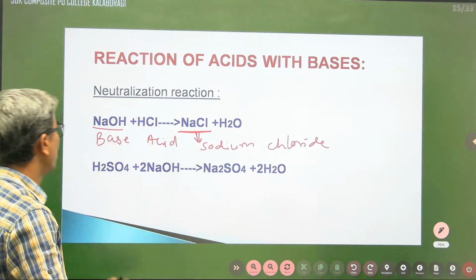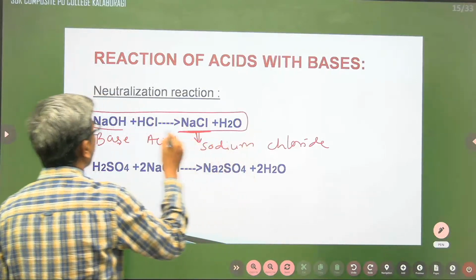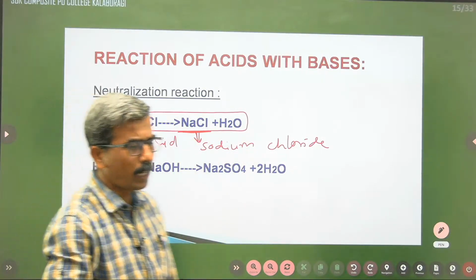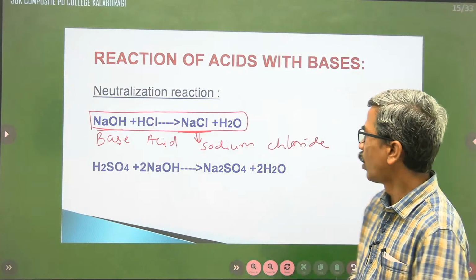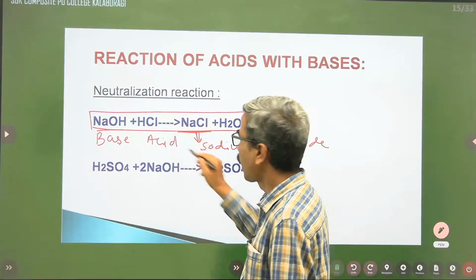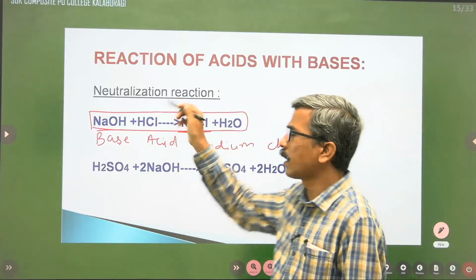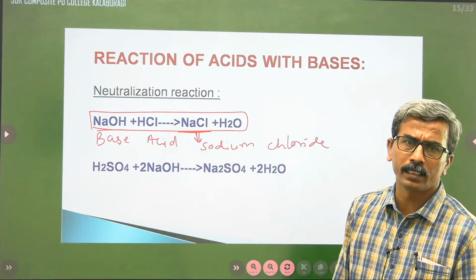It is a very basic, fundamental reaction: when acids and bases react with each other, we get salt and water, and the salts, in general, are going to be neutral. That is why we call this a neutralization reaction.